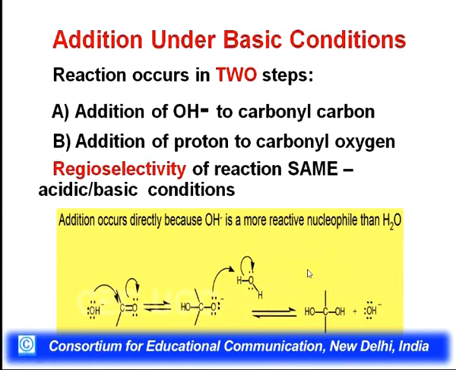So what we have here is, whether we do the reaction under basic conditions or under acidic conditions, the net result is addition of the OH group to the carbonyl carbon. But these diols are unstable, and when we try to distill them, the equilibrium moves towards the left-hand direction.